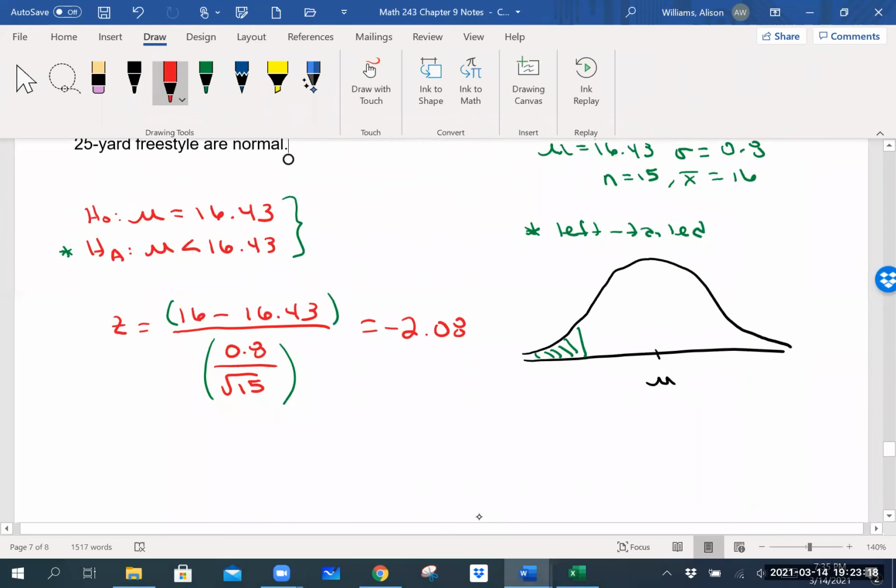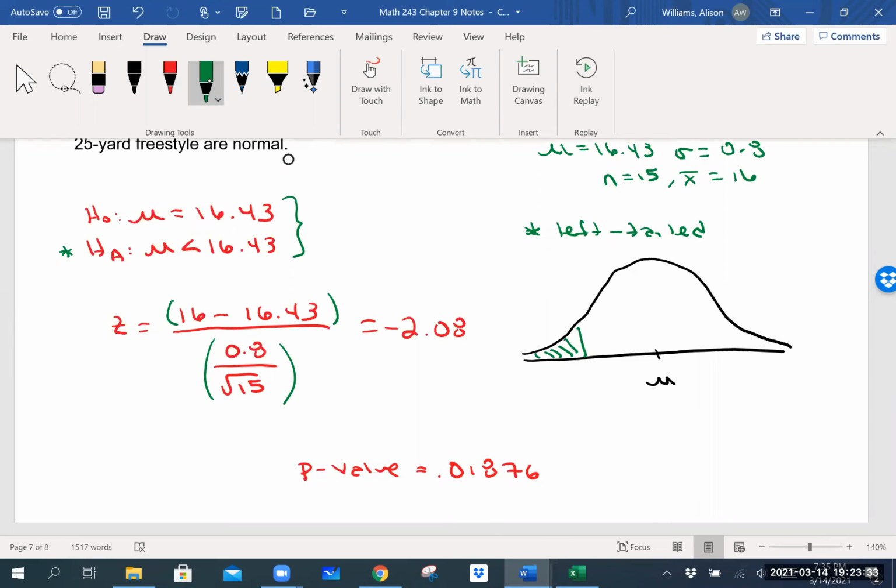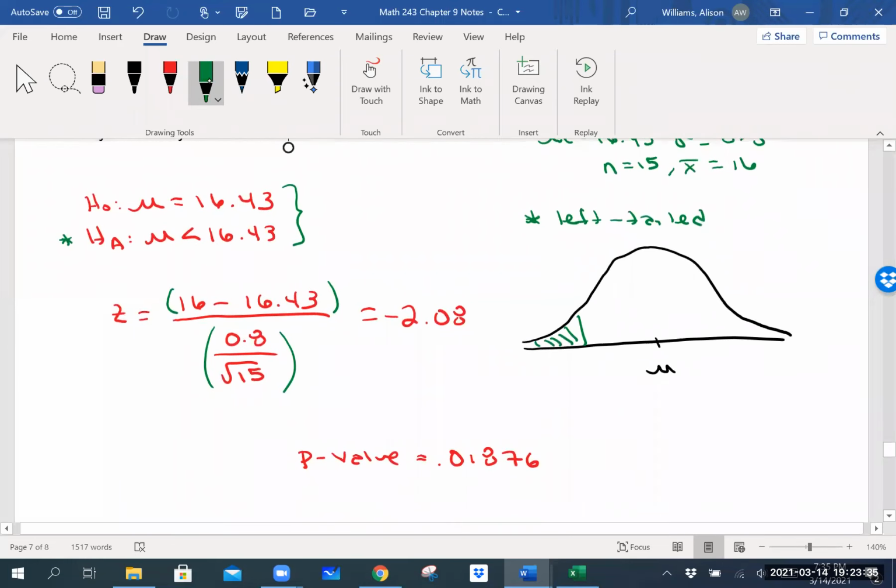So I got a p-value of 0.01876. Okay, now I'm going to compare this to alpha. Alpha was 0.05. Yep, 0.05. And this is clearly smaller.